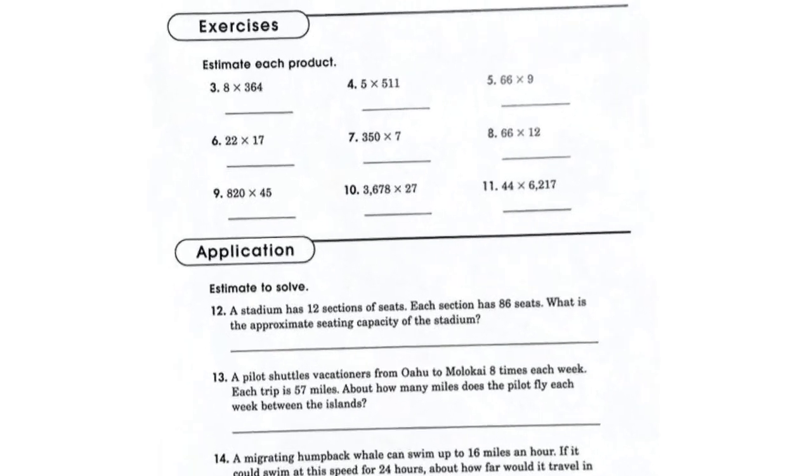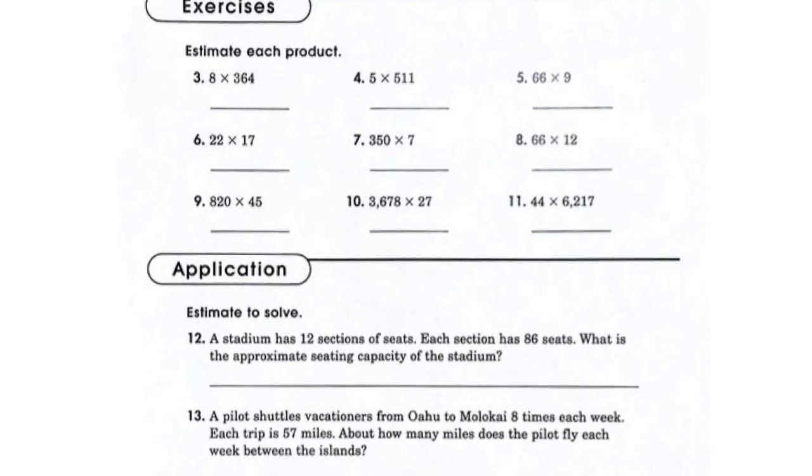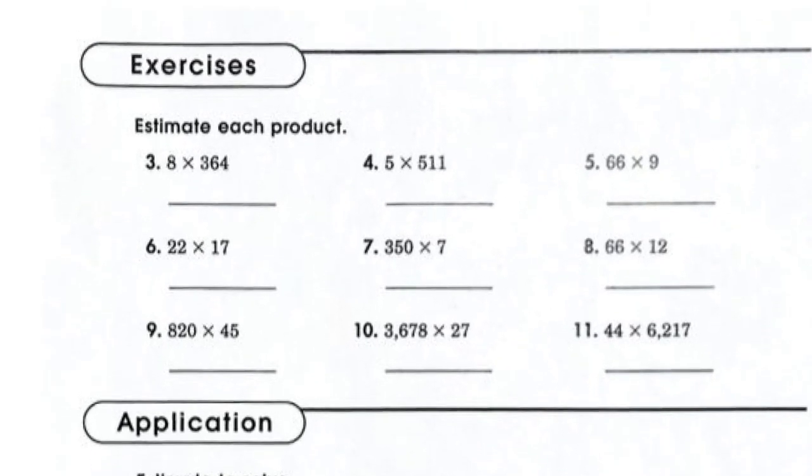On the top here, you guys are going to estimate the products. What I'm going to ask you to do is to write down the numbers that you are estimating. So for example, on the first problem, I'm going to do 8 and I'm going to multiply that. I'm going to probably change that to 400.